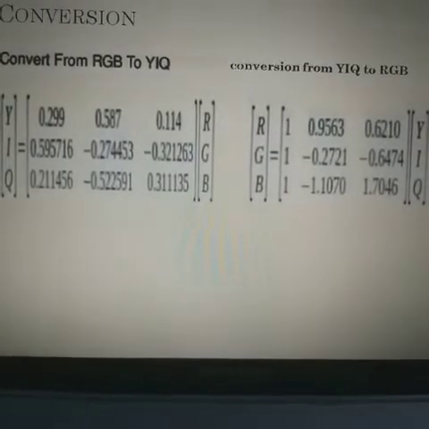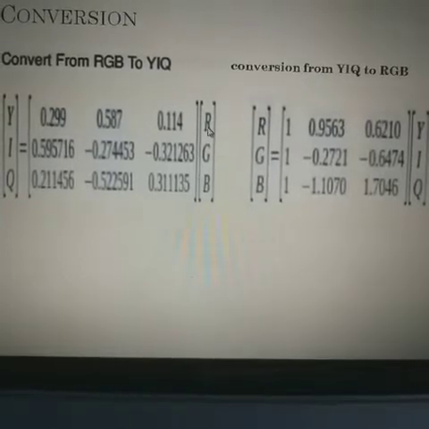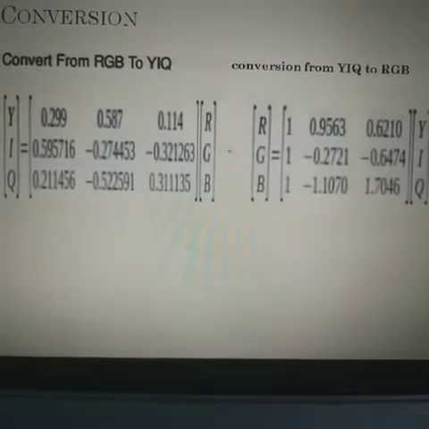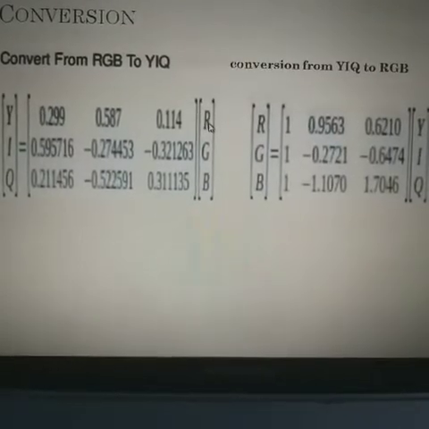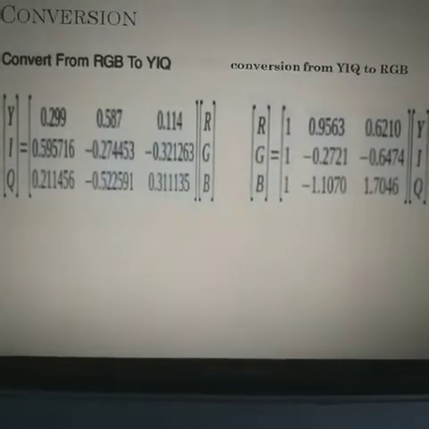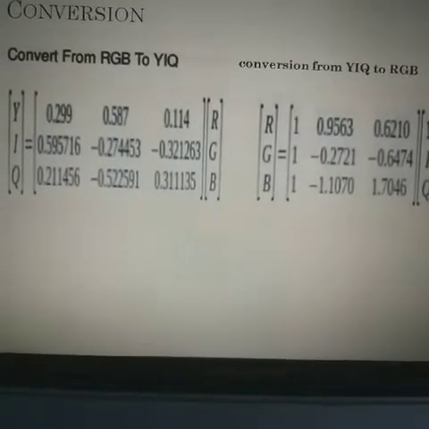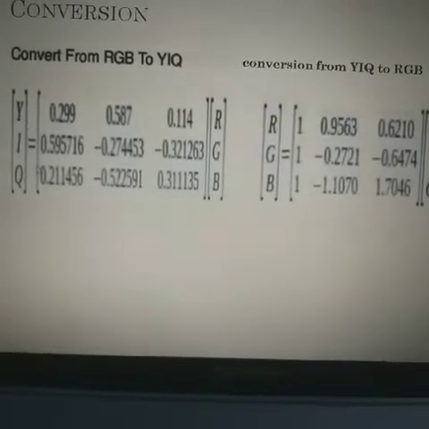We multiply the first row with the column for the first value, the second row for the second, and the third row for the third. Whatever the values of red, green and blue, this is the standard matrix, and depending upon that we get the YIQ values.